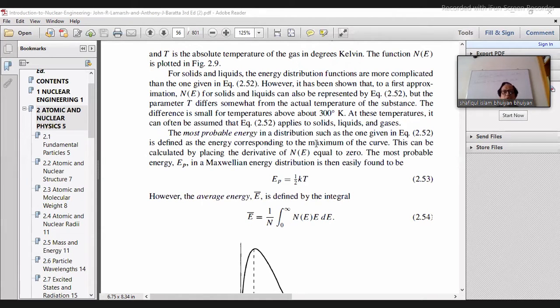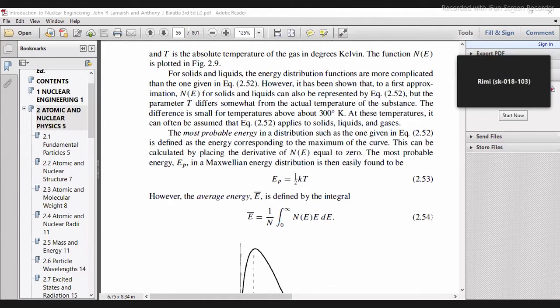If you put the derivative of equation number 2 equal to 0, you get the most probable energy E_p in the Maxwell energy distribution, which is easily found to be E_p = kT/2.